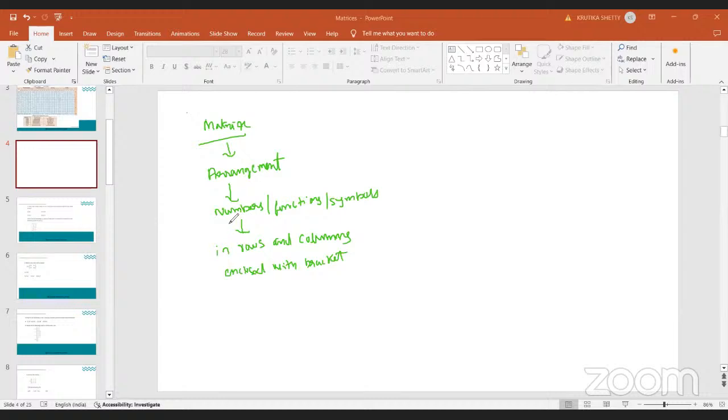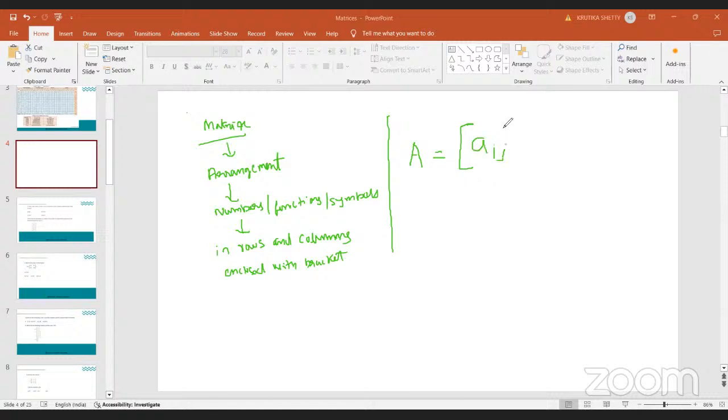It is an arrangement of numbers, functions, symbols in rows and columns enclosed within what? A bracket. But to understand the definition, we will make use of a mathematical form. In mathematical form, we represent a matrix by a capital letter, and the elements of the matrix are represented by a small letter.